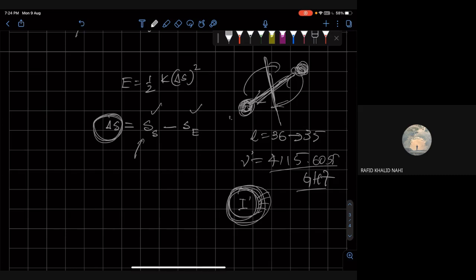Then we can take the difference in the energy between, say, L equals 36 and L equals, say, 4, and set that to E. Then using delta S, we can find out K. At least that's the idea. So why don't you guys try out this idea and figure out the numerics? If the numbers don't match, let me know, okay?